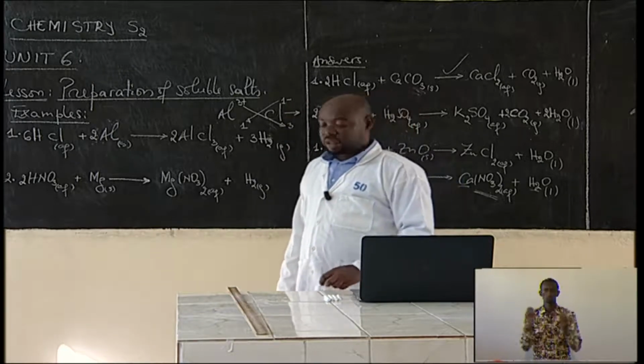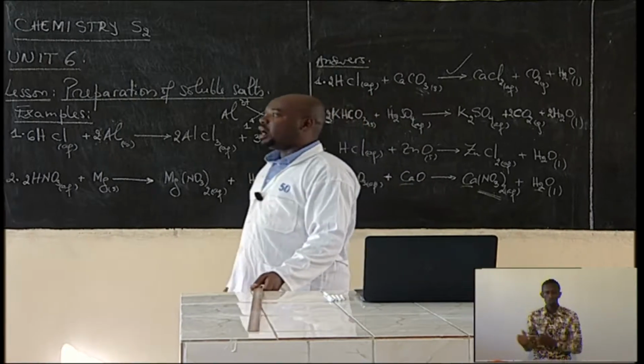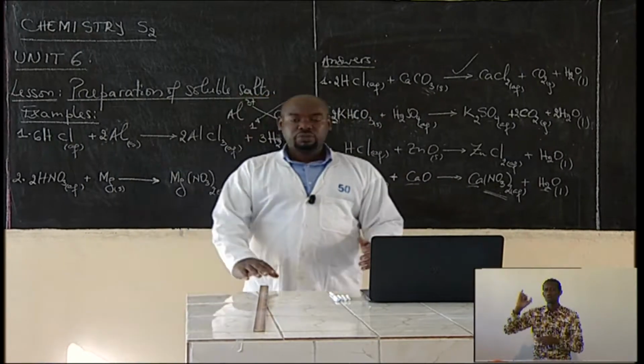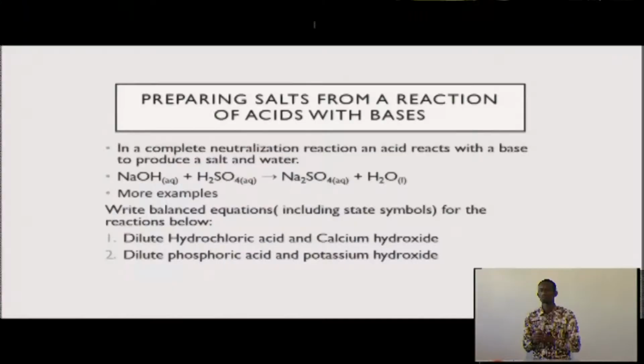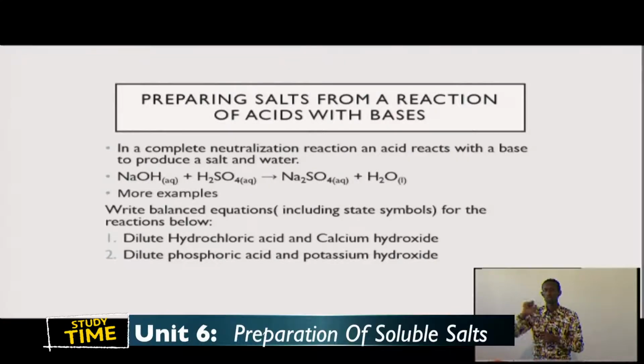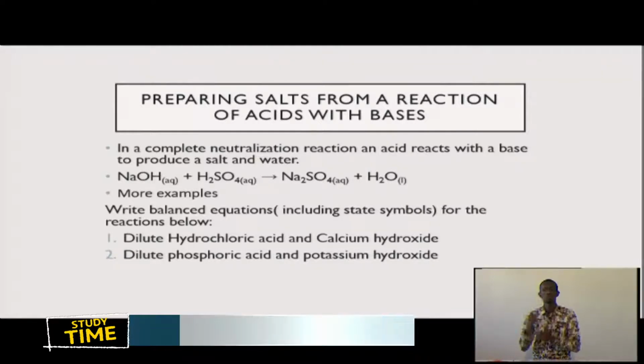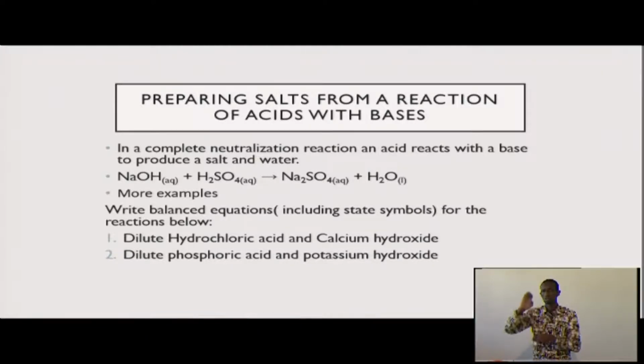And the last method we have is preparation from an acid and a base. Do you remember the name of a reaction in which an acid reacts with a base? How do we call it? We call it a neutralization reaction. It's one of the 2 types of double replacement or double displacement reaction.